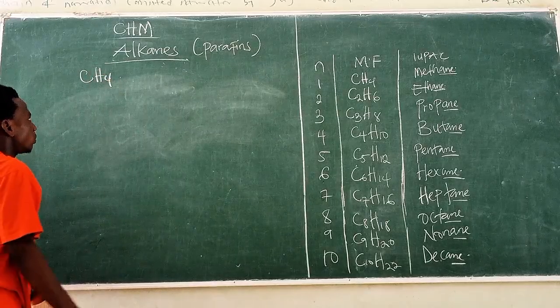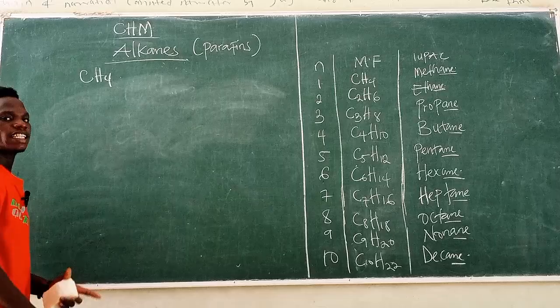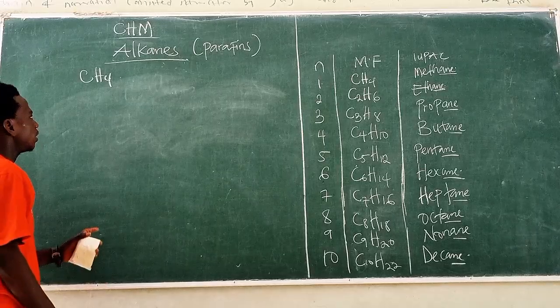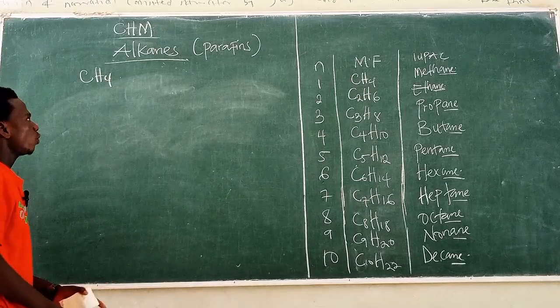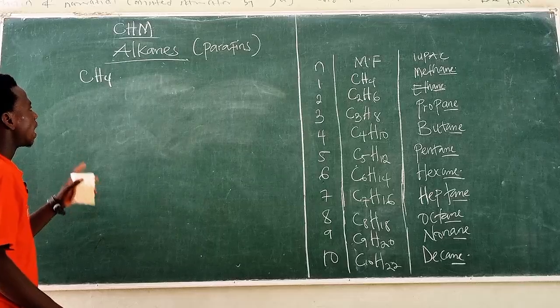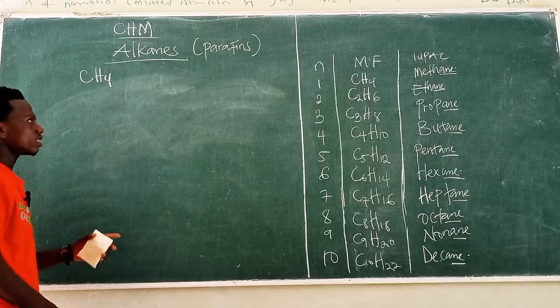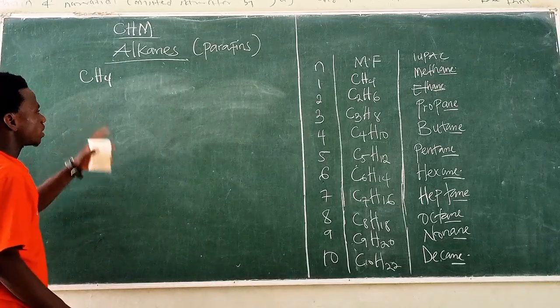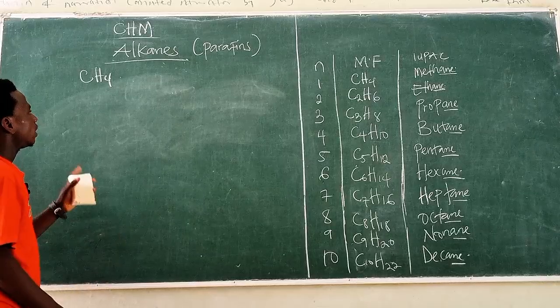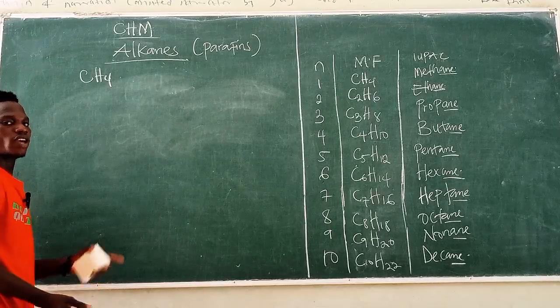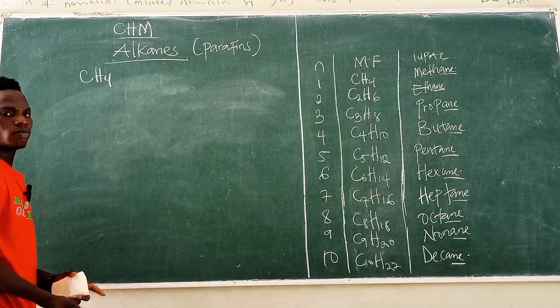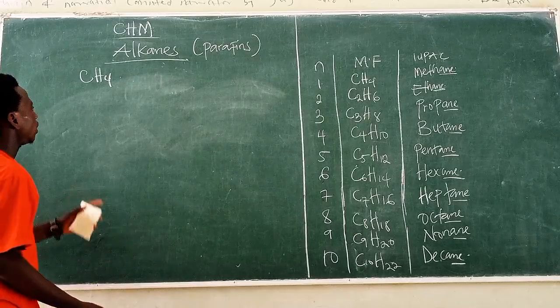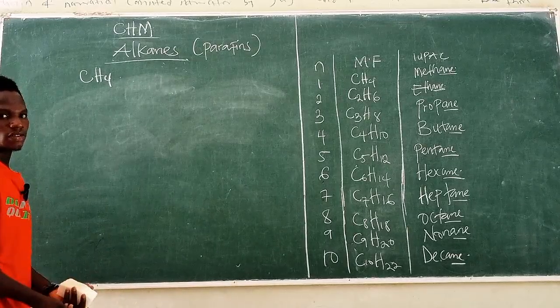Methane is the simplest organic compound and it is an alkane. From our introduction, we said natural gases are major components of methane. They are formed as a result of anaerobic reactions in organic compounds in the earth's crust.